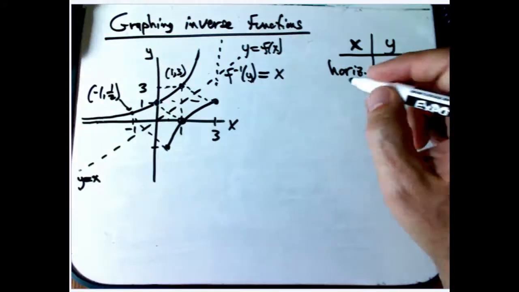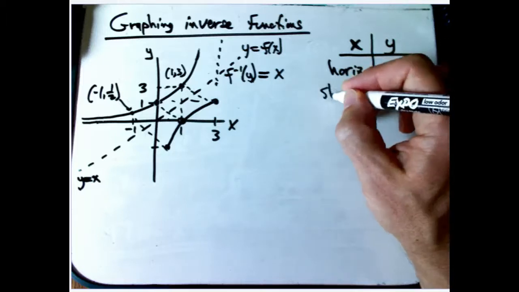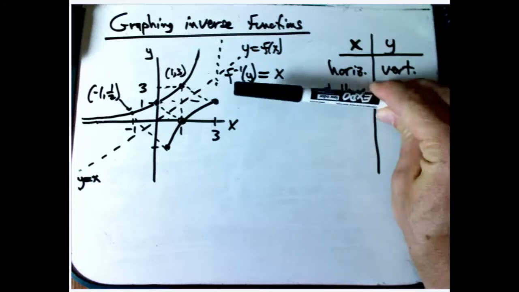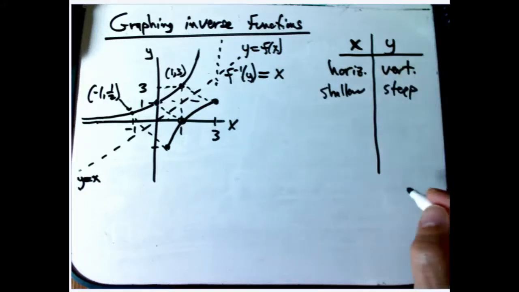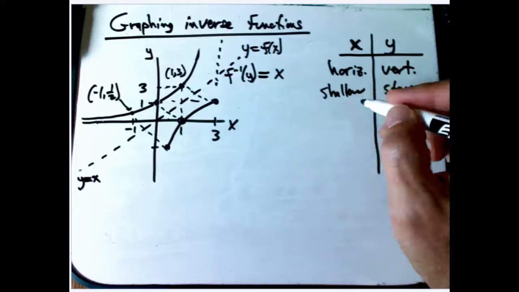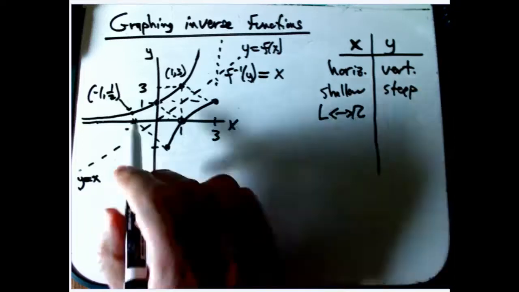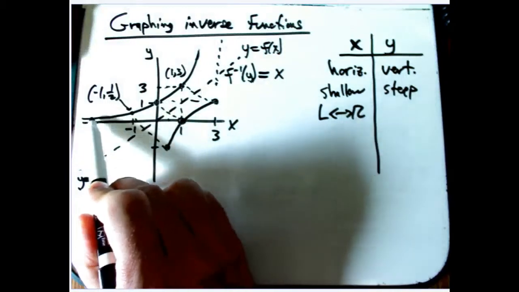Other things, not like straight horizontal or straight vertical, but like a shallow angle, by which I mean something close to horizontal, like here, will switch to a steep angle. If I have the words left and right, if I'm going left on the original graph, that's the x value getting more and more negative.